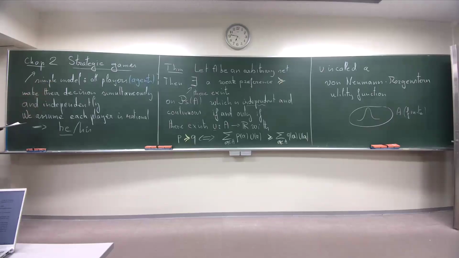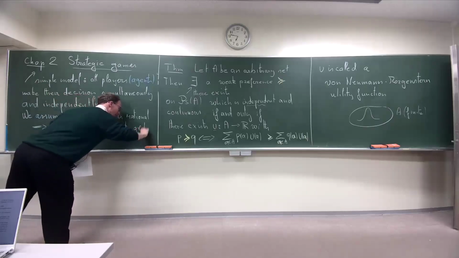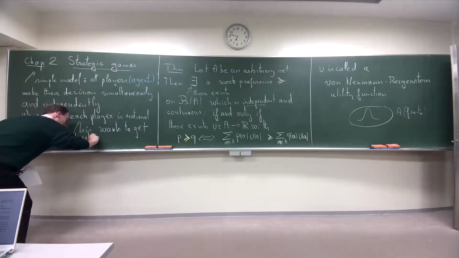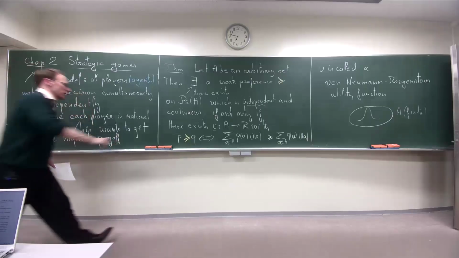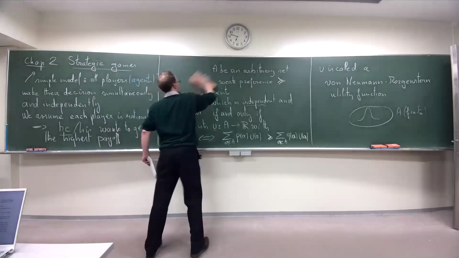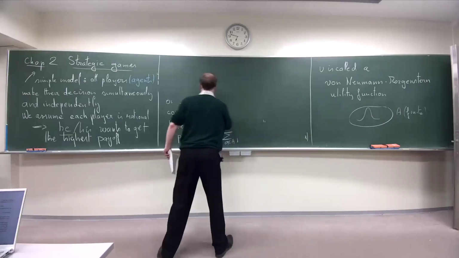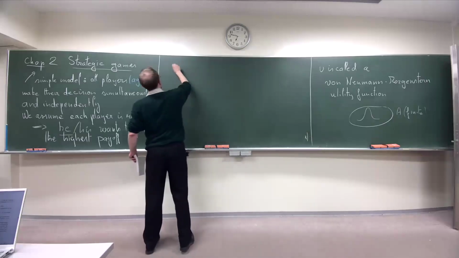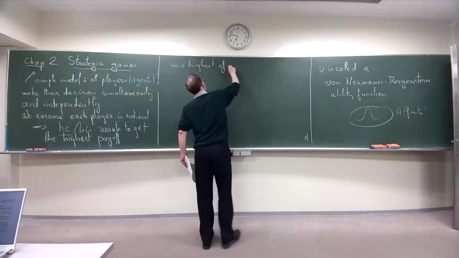So he's a player. He's rational in the sense he wants to get the highest payoff or the highest value of the utility function. This is the same. But in this context, we say the biggest value of the payoff, which is equivalent to the highest value of utility.